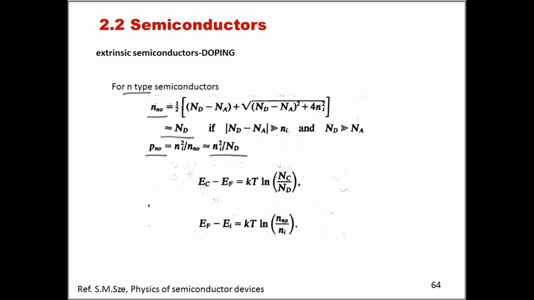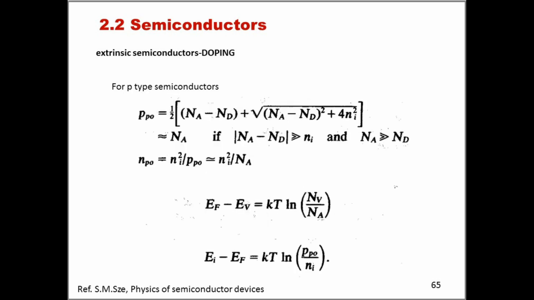Okay, and here we can also calculate the position of the Fermi level relative to either the conduction band or the intrinsic level. Similar relations are valid in the case of p-type semiconductors.